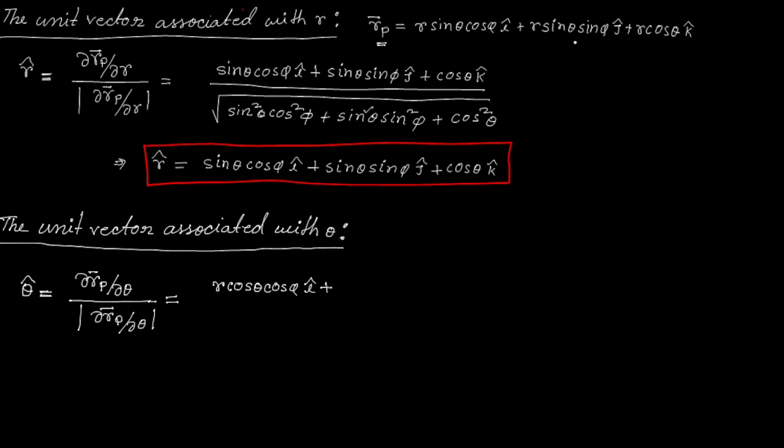In the second term, we have again sine theta, so differentiation of sine theta will be cos theta. So this will give you r cos theta sine phi j cap. And in the third term we have cos theta, so differentiation of cos will be minus sine theta. So it will be minus r sine theta k cap.